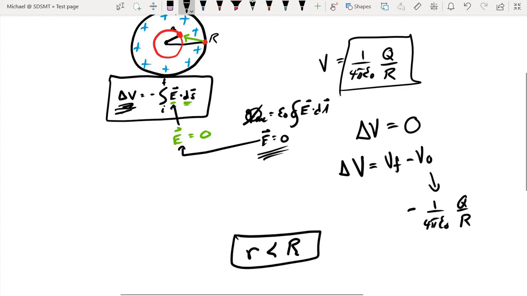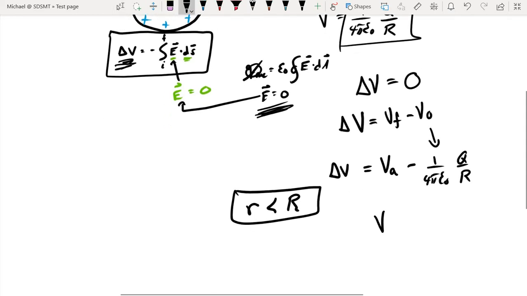But then we have to take the difference of that with the potential at a radial value of A. But Gauss's law says you don't have any field there, so your potential can't change. And that means that the potential at any point inside of the sphere has to equal the potential at the surface of the sphere itself.